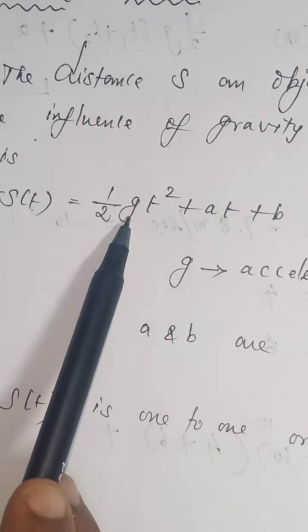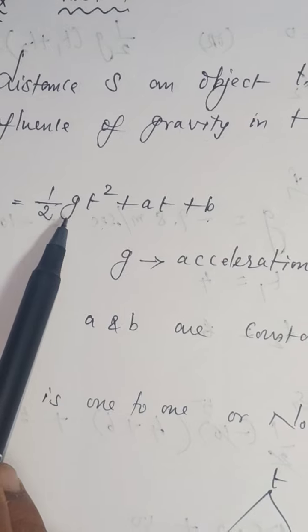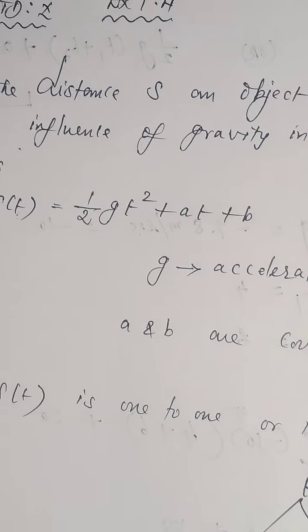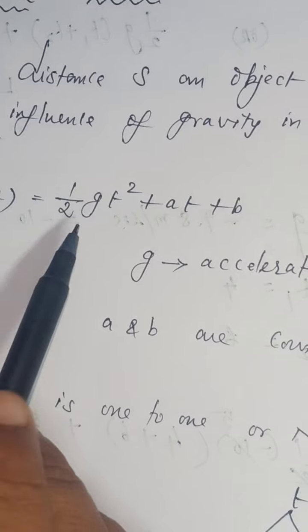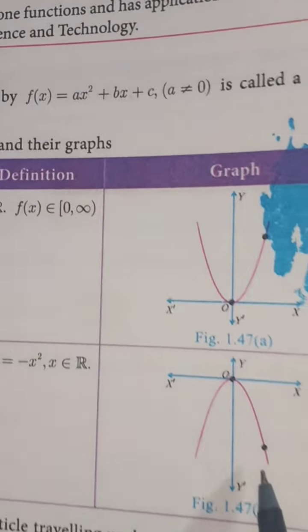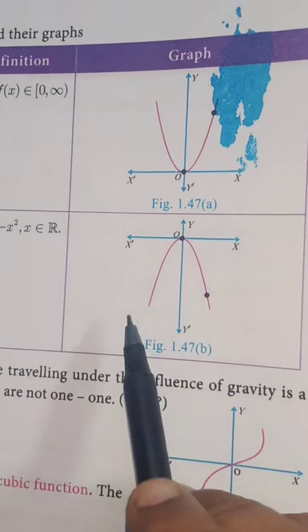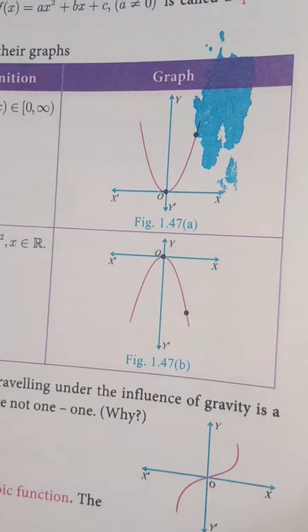Here we have half gt square. We don't know the value of g. Even that is equal to minus 9.8, correct? So we are getting minus 10 approximately. So definitely we'll be getting some negative value over here. So we'll be getting the graph like this, an upward-opening... a downward graph.